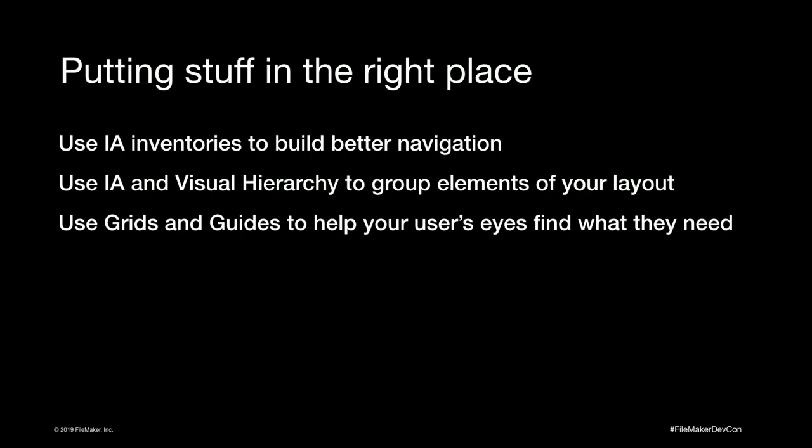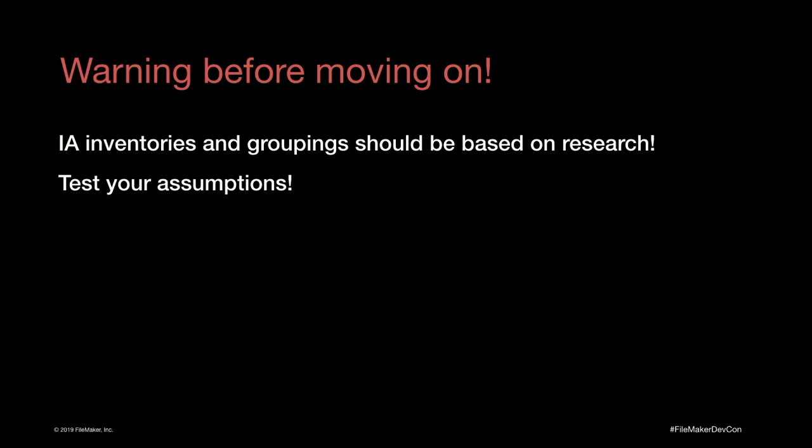Okay, so that's putting stuff in the right place. We're going to use information architecture to build better navigation. We're going to use information architecture and visual hierarchy to make sure that we're grouping like elements together on our layout so that people can find the information they need better. And then we're going to use grids and guides to help give it some polish for padding, as well as help guide our users' eyes to the information they need more easily. Now, I mentioned this already, so I'm going to keep it quick here.